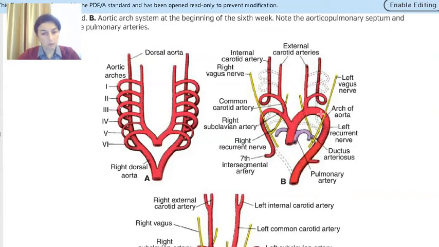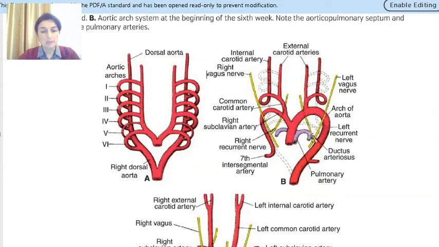That is the fourth. Then the fifth aortic arch never develops, or it is rudimentary, it disappears just after the development. And finally the sixth one will form the pulmonary arteries, on the right side and in the left side.